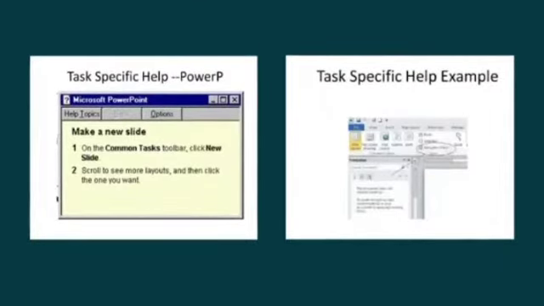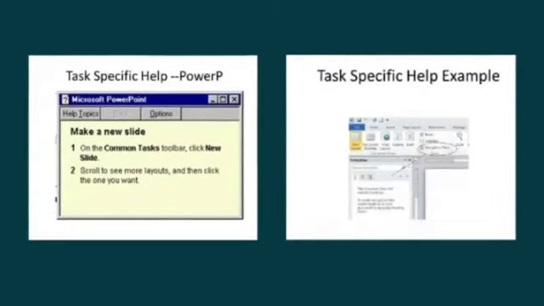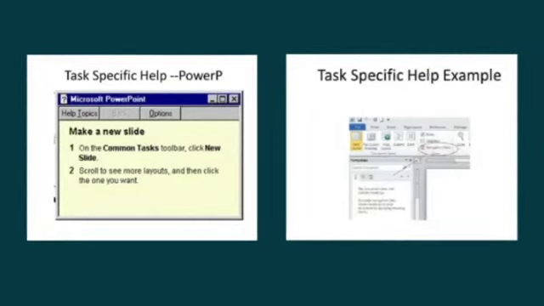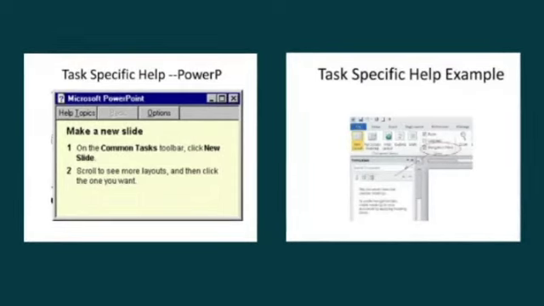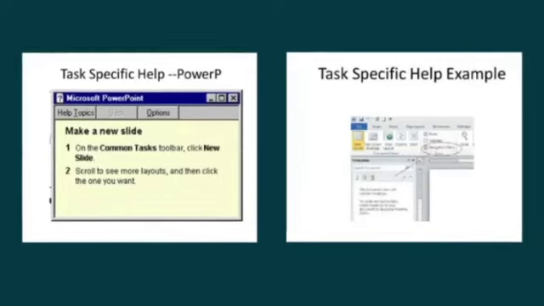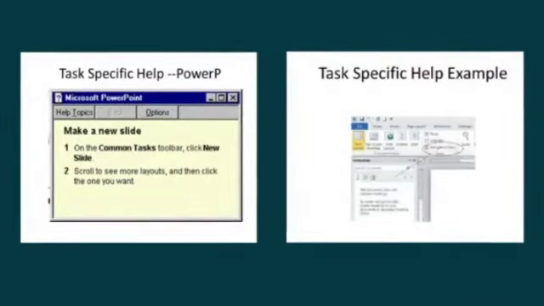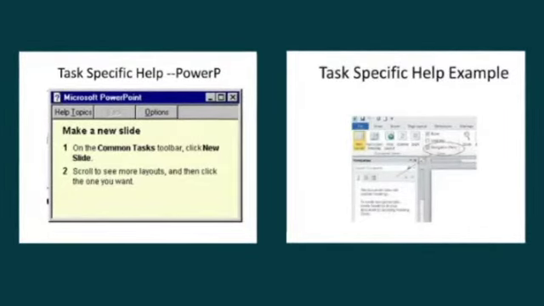As an example of task-specific help, on the left side, as you can see, the user is struggling on making a new slide. So the task-specific help provides how to create a new slide. First, on the common task toolbar, click new slide. Then second, scroll to see more layouts and then click the one you want.